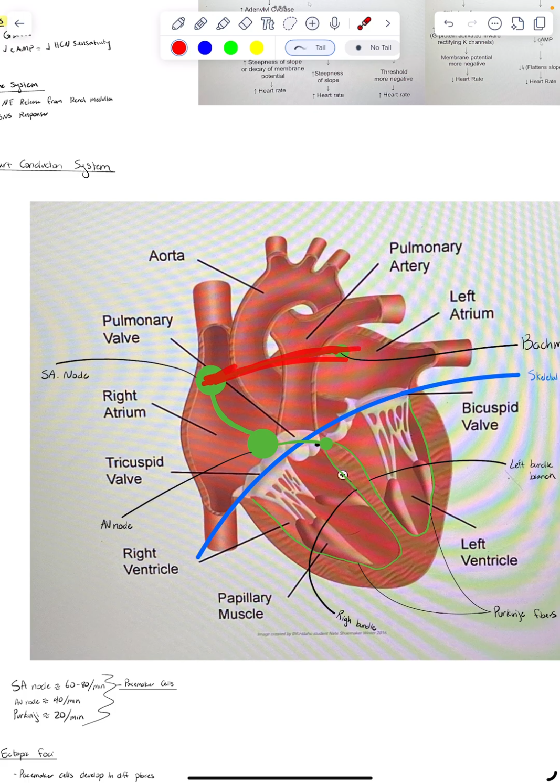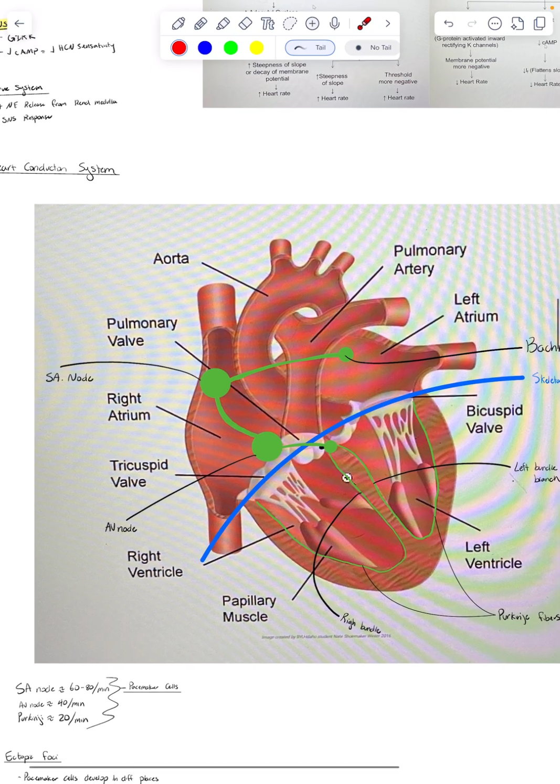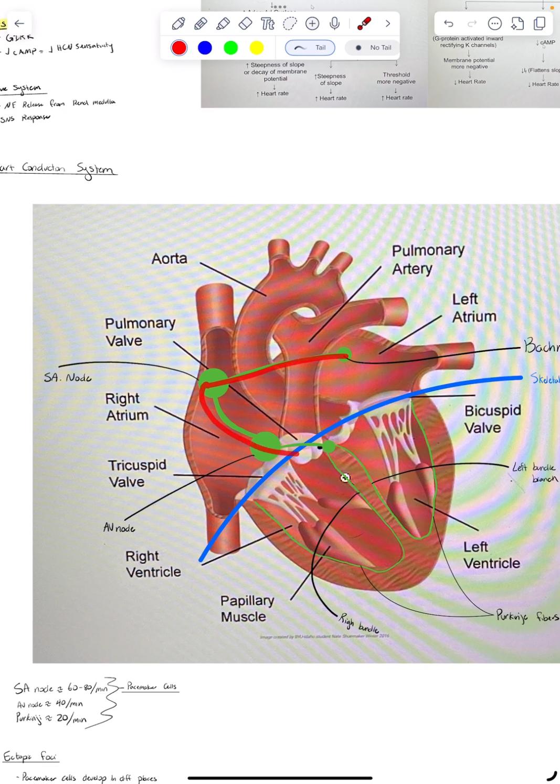And these are all autorhythmic. All of this green, and there's a little bit more, technically it comes out like this to make sure that it gets everywhere. I just drew it simply, but these are all not contractile, pacemaker or autorhythmic cells, and they send signals going here. This is the AV node.